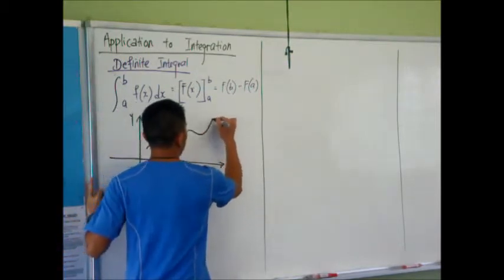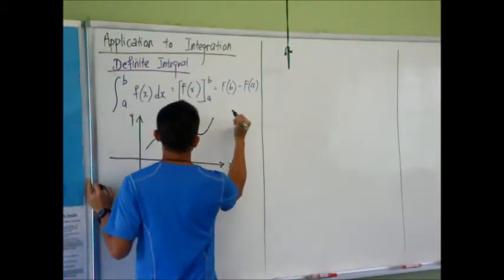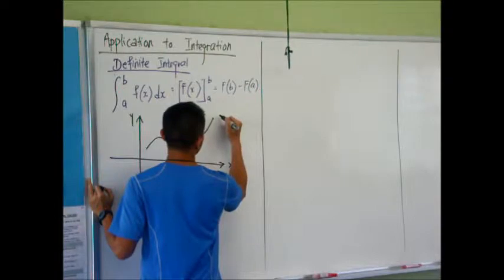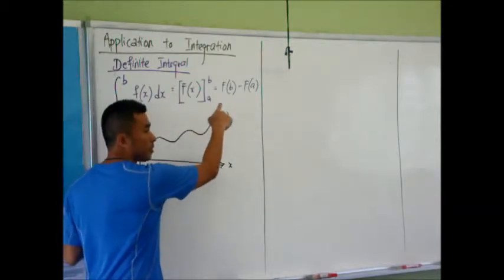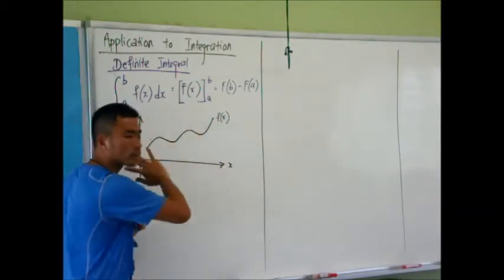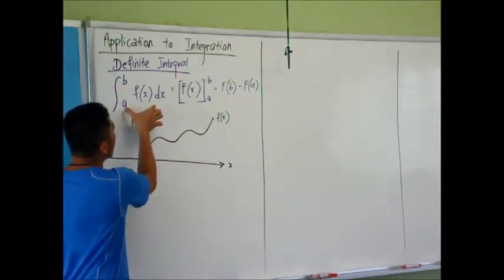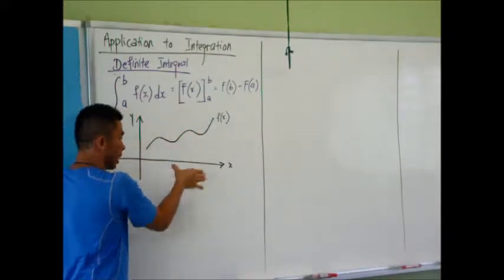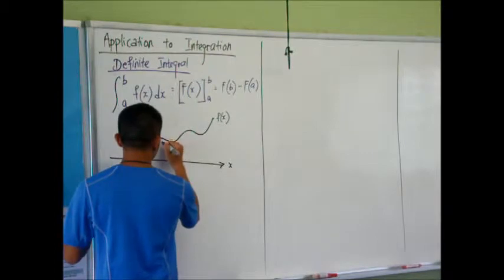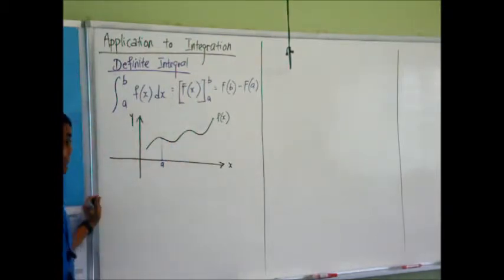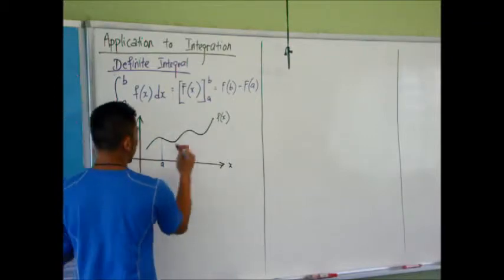Any graph, let me call this fx. Alright? Any graph, any curve, straight line whatsoever, if I want to represent this information over here, this is how it looks like. This is my value of A. Lower limit.